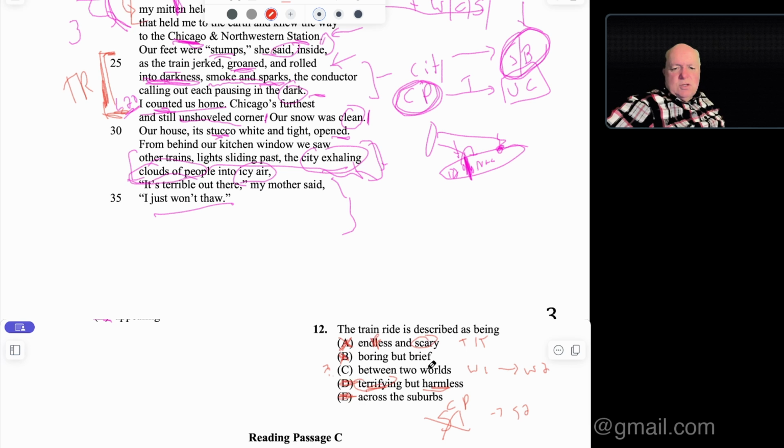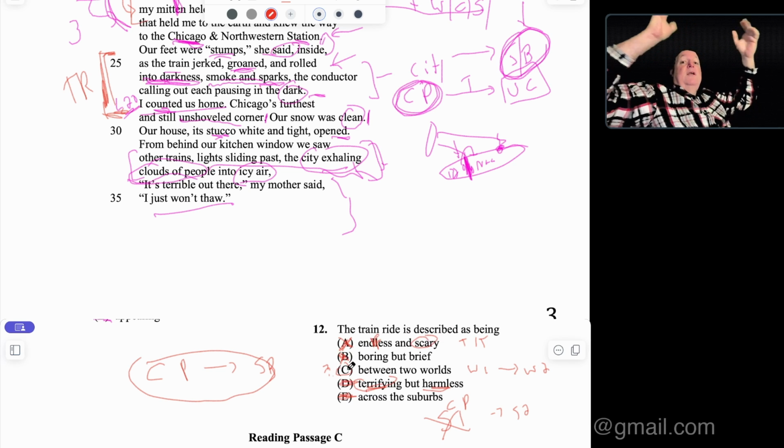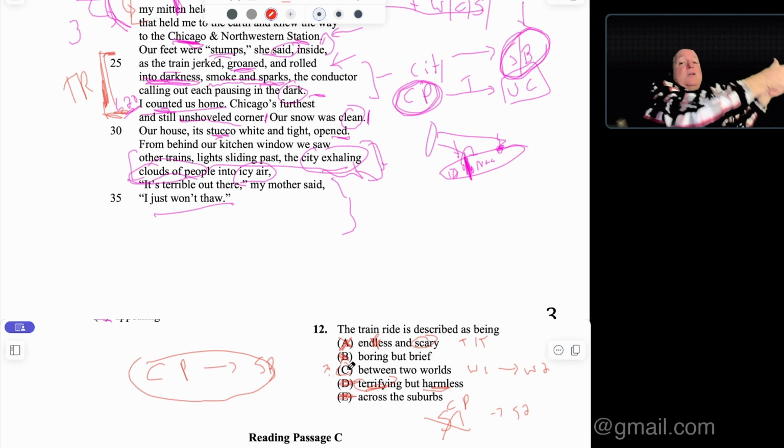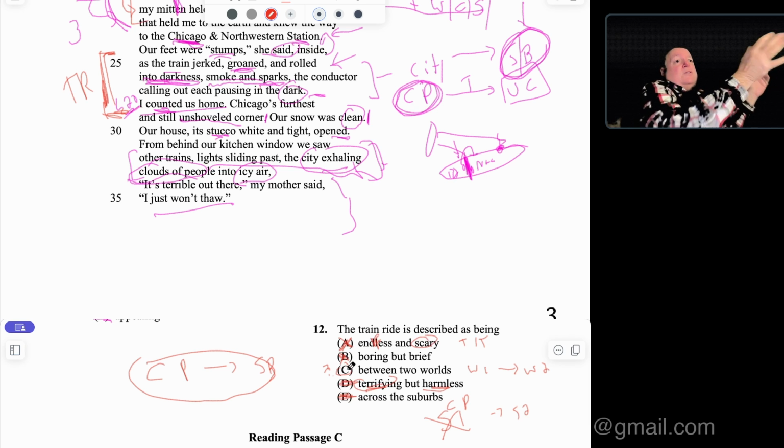It says between two worlds. Could it be that the world of the city proper is so different than the world of the suburb that they ended up in? And the answer is yes. That's the two worlds they're talking about. So the train ride is described as going from the freezing cold city with the hustle and bustle of the city into, we're in our nice neighborhood and the snow is still untouched and it's still white.